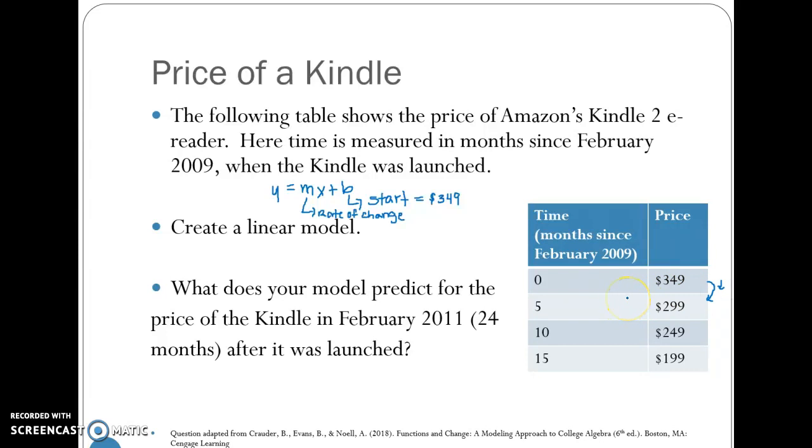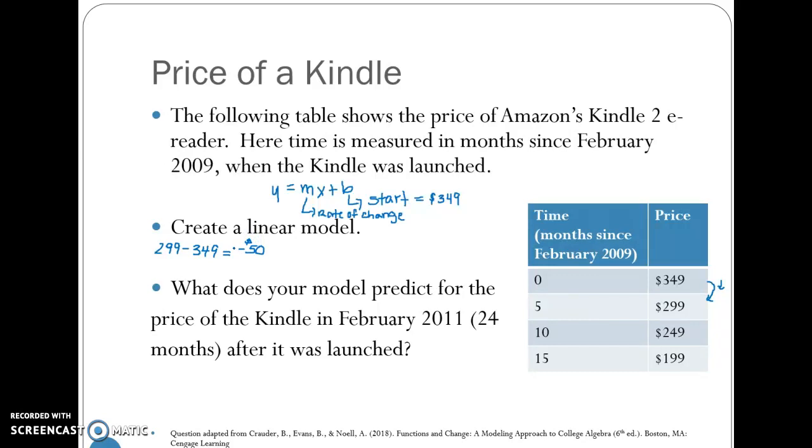So we have talked about before the slope, the rate of change, can be figured out by figuring how much did the price change. So to figure out how much it changed, I would take $299 and subtract $349, and when I do that, I get a negative $50. So the price has gone down $50.